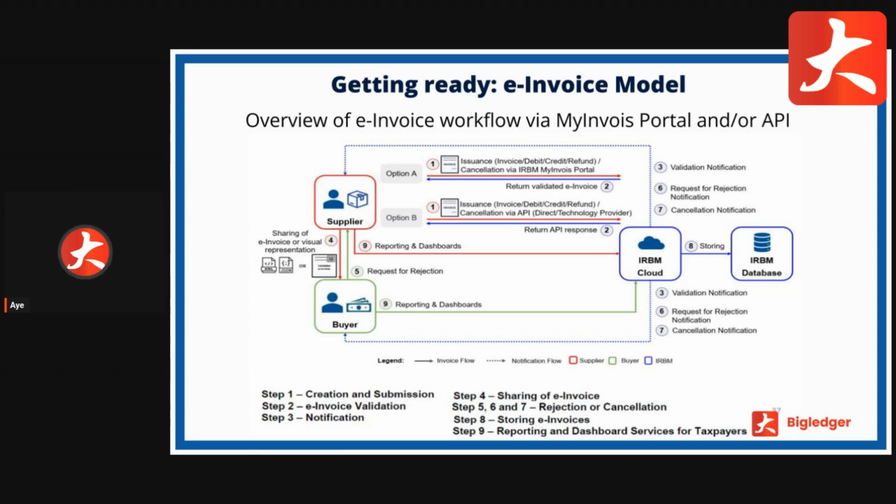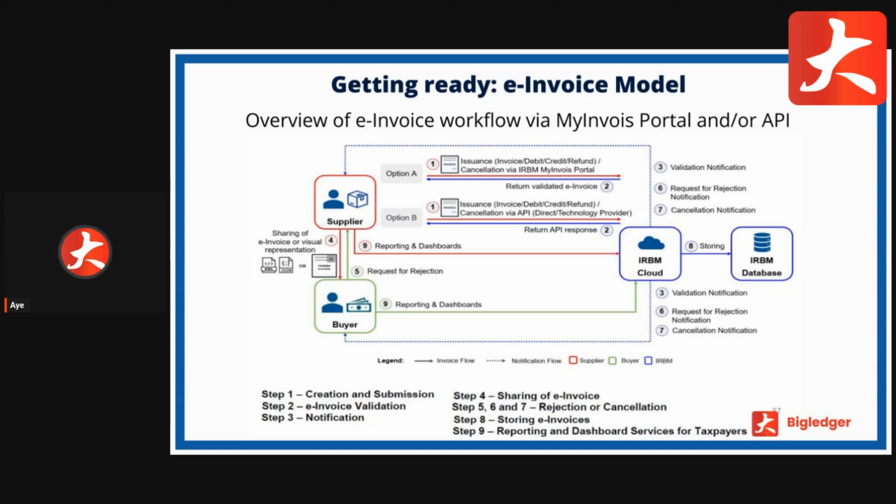Then second one is e-invoice validation. After you submit the e-invoice to IRBM, they will return a response to you through API or MyInvois Portal. One is a validated e-invoice, the other one is maybe an error message if it's invalid. So you can see the return message from IRBM on why the submission failed.